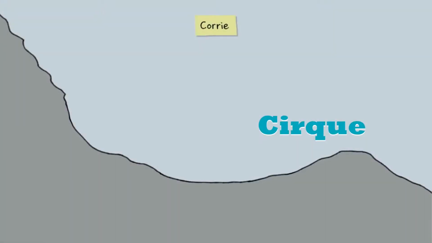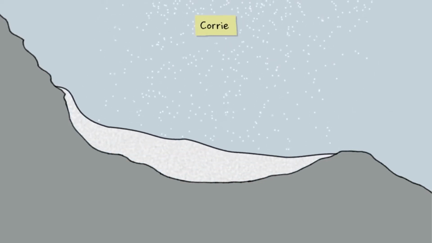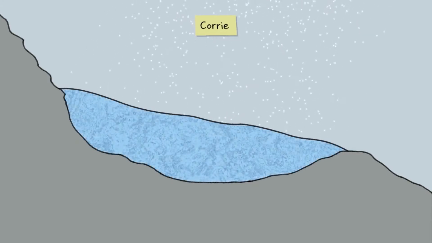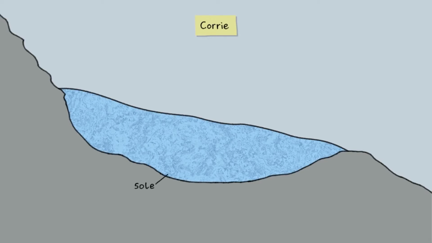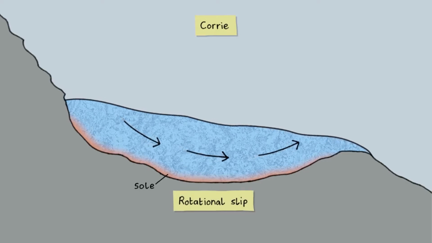When snow collected year on year on the mountain sides, it formed incredibly strong, tightly packed ice. Once there was enough ice, it started to move because the ice at the bottom or the sole of the glacier melts under intense pressure from the weight of the ice above, allowing the ice to move in what's known as rotational slip.